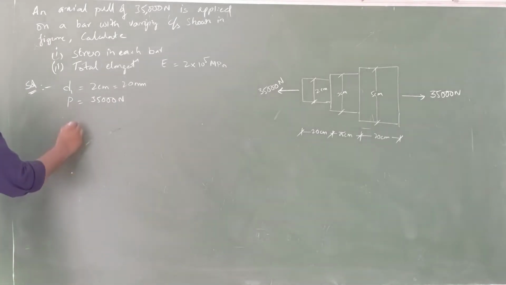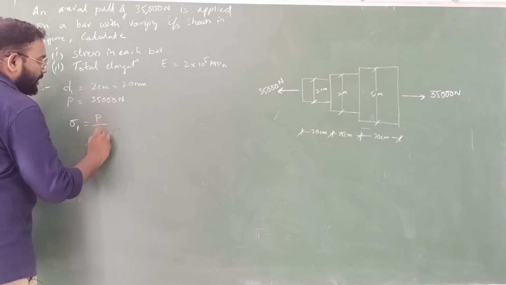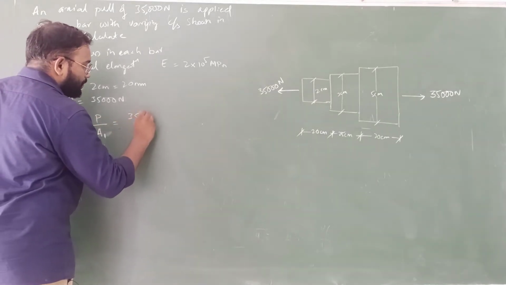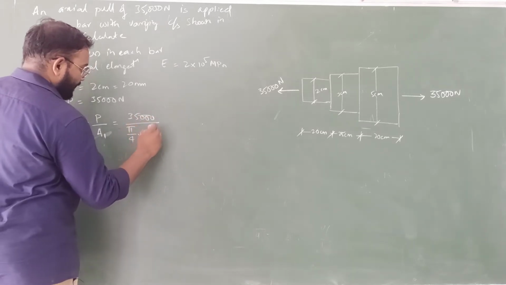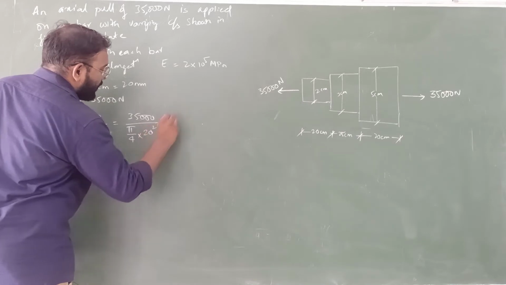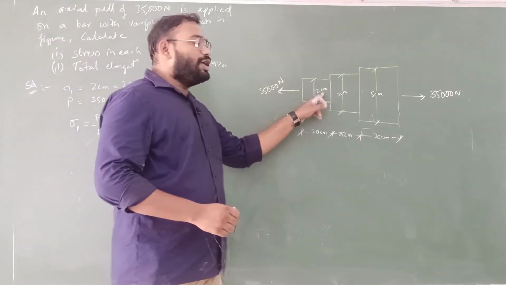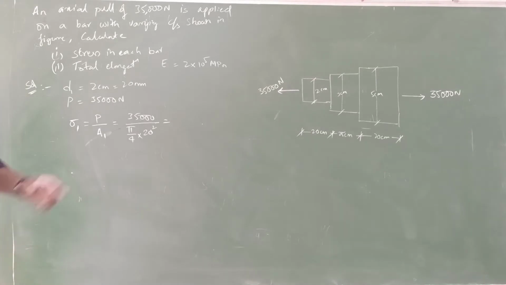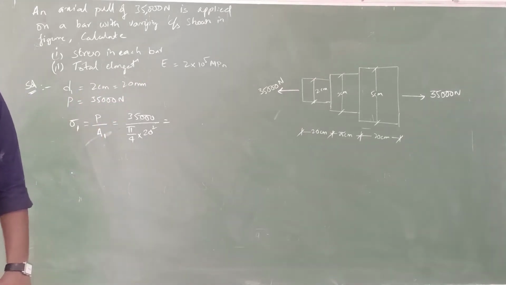If I want to calculate stress in first component, sigma 1 will be P by A1, which is equal to 35,000 divided by pi by 4 into 20 square. Don't consider it to be a rectangular bar. Area is not 20 by 20. Okay, it is a circular bar whose diameter is given to you. Length of bar is given as 20 centimeter.